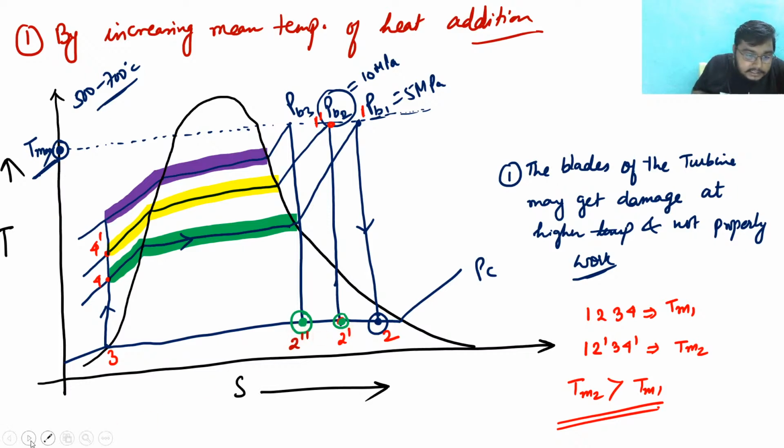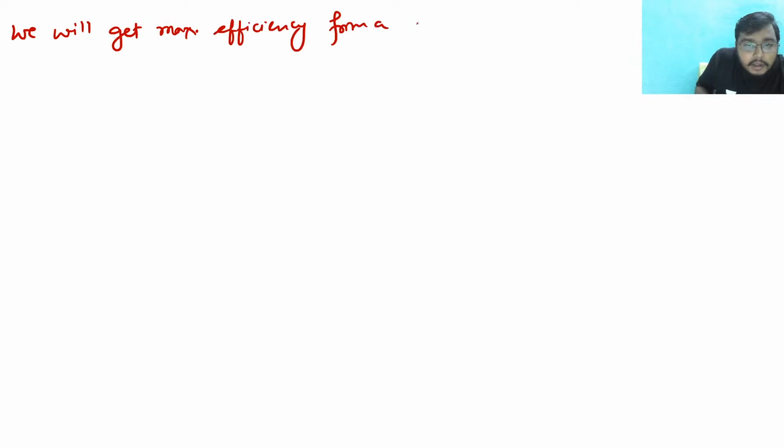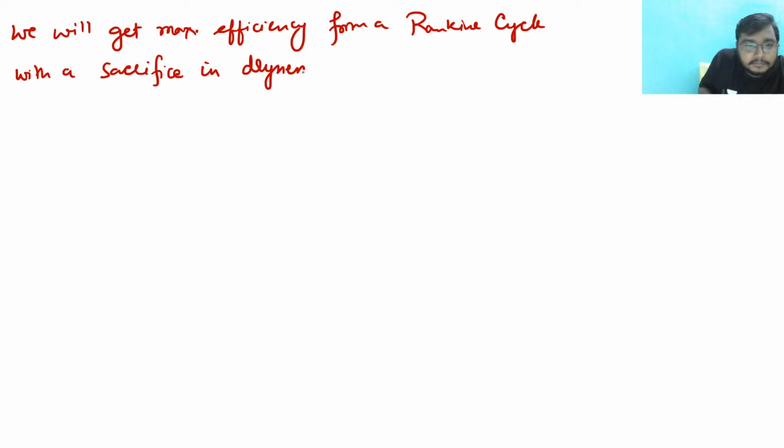So what I can say here is that from the figure it is clearly visible that we will get maximum efficiency from a Rankine cycle with a sacrifice in dryness fraction.